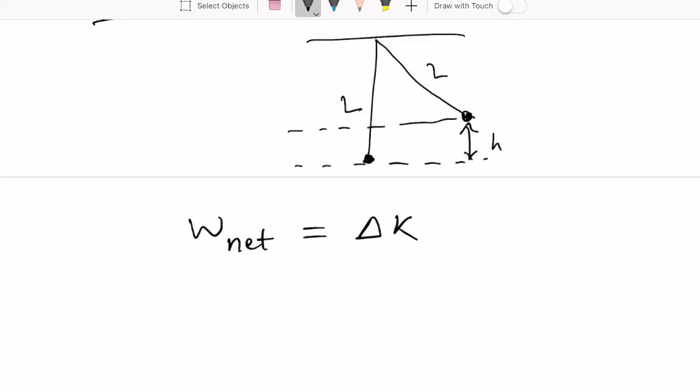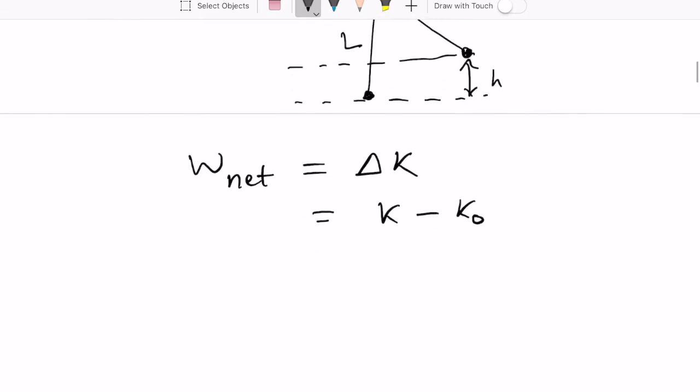I can write this delta K as K final minus K initial, and notice that I'm using my notation. No subscript means final, zero subscript means initial. So the formula for kinetic energy is half mv square. So this is half mv final square minus half mv initial square, right?